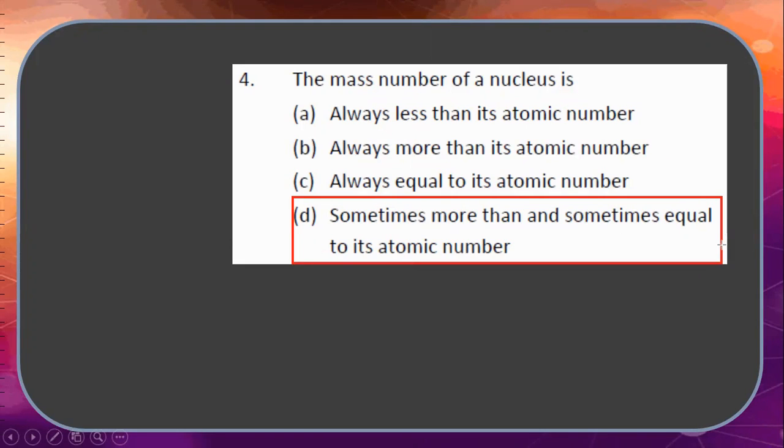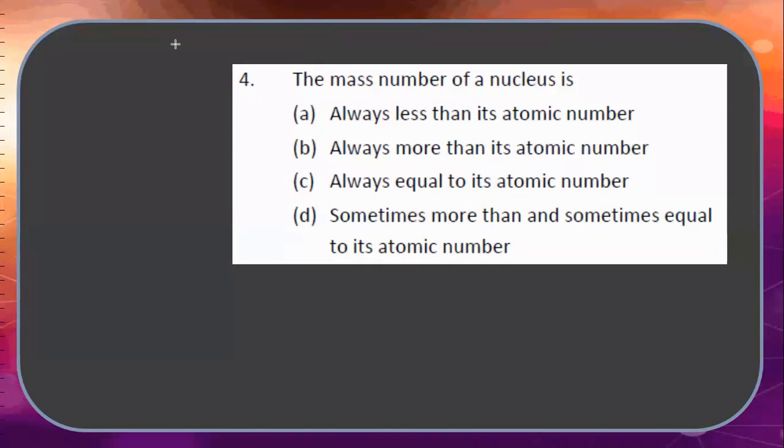So it always need not be more; it may be equal also. If you take oxygen 8, 16, what happens? Oxygen 8, 16 has the mass number equal to a double of the atomic number. So sometimes the mass number of the nucleus may be more, or sometimes equal also.